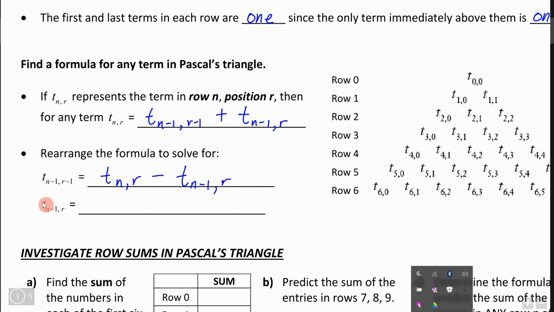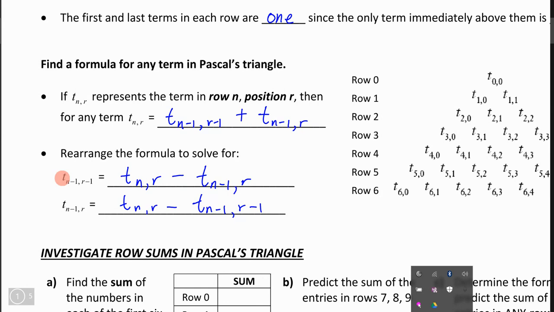If you want to find the term on the upper right, you can say t of n, r minus t of n minus 1, r minus 1. So these are the ways to find the terms above left and above right. I'm going to write that here, left and right.